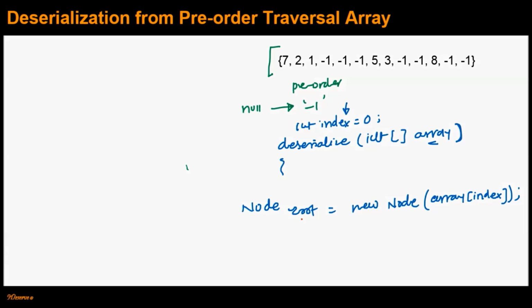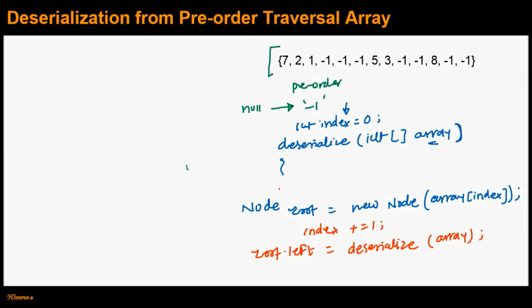Once we construct the root node, we increment the index by 1, because we need to start looking at the elements of the input array starting from the next index. And then we need to construct the left subtree. We'll construct this in a recursive manner. So I'm making a recursive call to this subroutine, deserialize, with input as array.